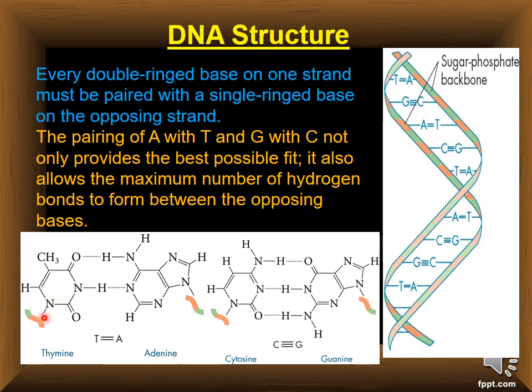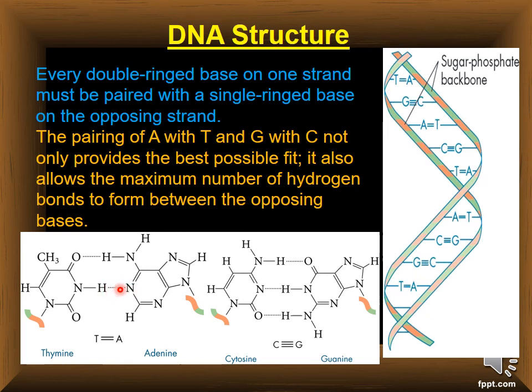So here we go again, one more time. You can see here thymine, with oxygen and nitrogen, and between them a hydrogen bond, the dotted line, and from here another hydrogen bond with nitrogen, because of the greater electronegativity difference.